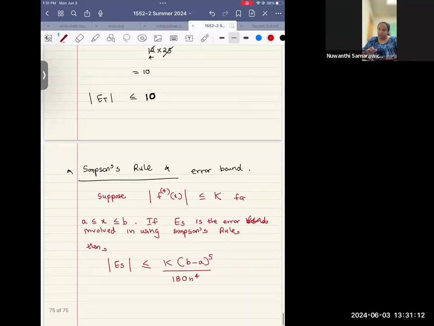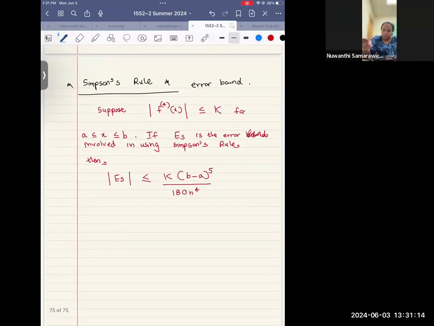Let's use an example to understand why we are doing this error bound.